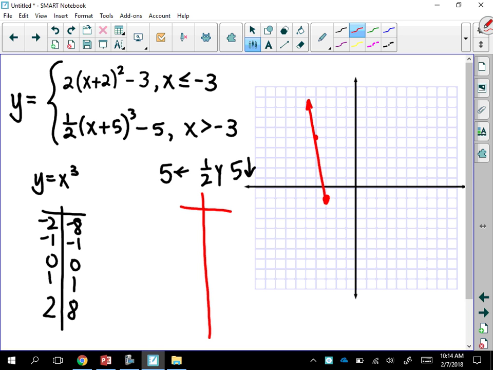So we're subtracting 5 from all the x coordinates, so -2 minus 5 would be -7, -1 minus 5 would be -6, 0 minus 5 would be -5, -4, and -3. Then 1/2 times all the y coordinates, and then subtract 5.